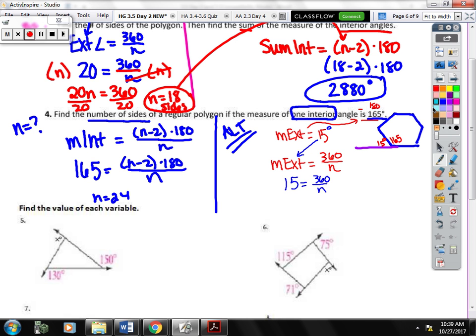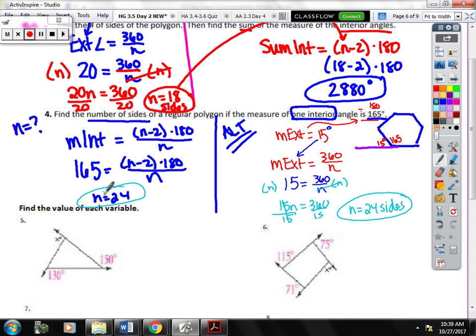So same thing, we would multiply by n on both sides. Then we would divide by 15. And we will get 24 sides. So this is two different ways to solve the same problem.